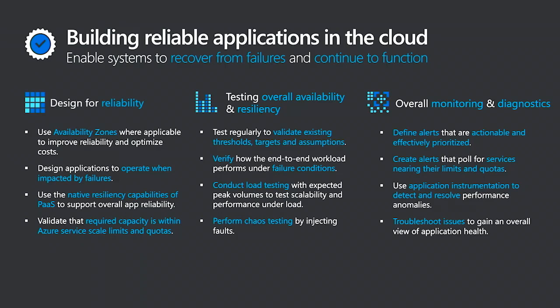We want to know, before we provision a resource, if we're bumping up against a subscription limit. And we want to use application instrumentation to detect and resolve any abnormalities that are going on in our application. And we're making the distinction here between your application, your code, and your Azure resource. And then we're going to troubleshoot issues, right, to get a good idea of application health. We want to always troubleshoot issues to find out what's going on when we see symptoms.